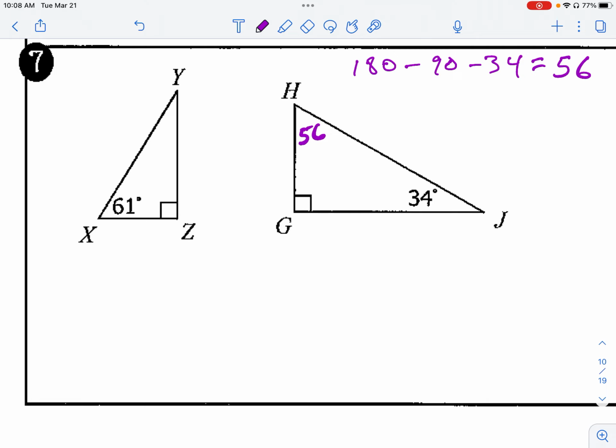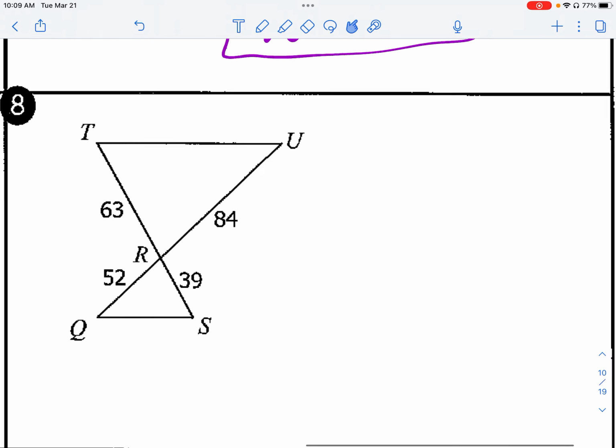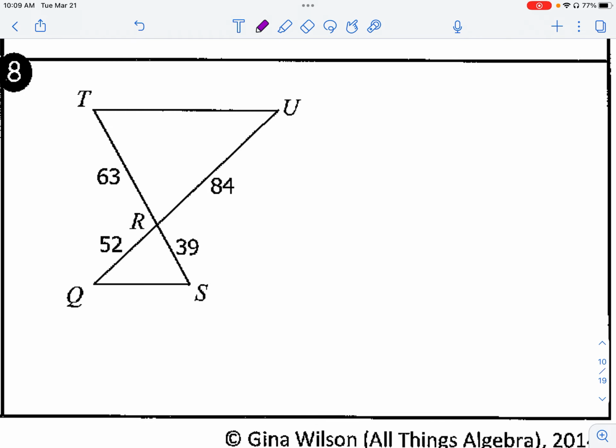So we have one congruent angle, but we're not going to get two. So it is not similar. And it would have been the same if we'd done it the other way. We'd have had 180 minus 90 minus 61 equals 29. So clearly not similar. Moving on.